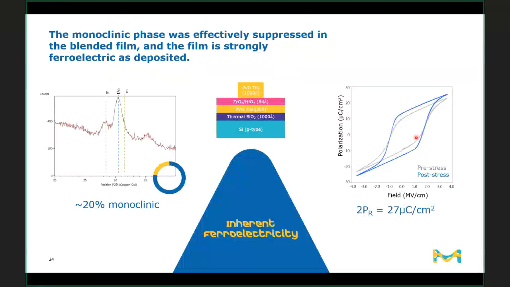So here are the polarization field plots for pre-stress and post-stress for a device that's made using this stack. And overall, we see that we get, after stress, especially a 2PR, which is the overall size of this loop opening, of around 27 microcoulombs per centimeter squared. So we have both the phase suppression and the accompanying ferroelectricity in this material, even without applying any special protocol to cap and anneal this film after deposition.